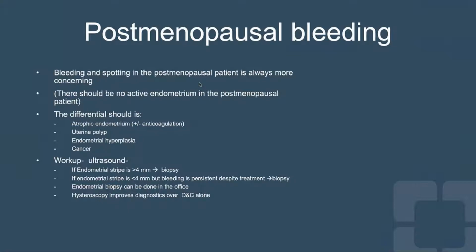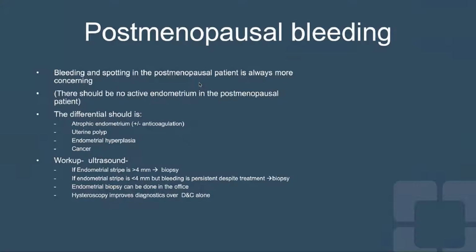There should be no active endometriosis in the postmenopausal patient. If there is, it could be a tumor creating hormones that are activating the uterus. Or it could be endometrial hyperplasia or a cancer in and of itself.